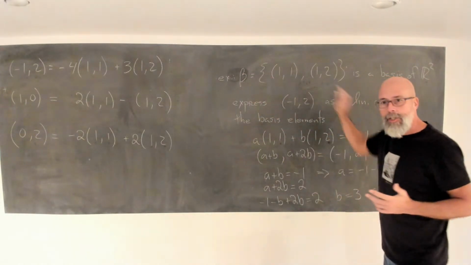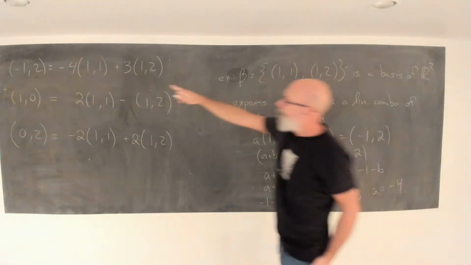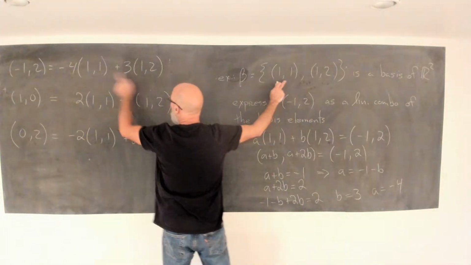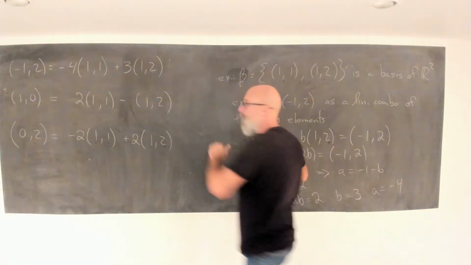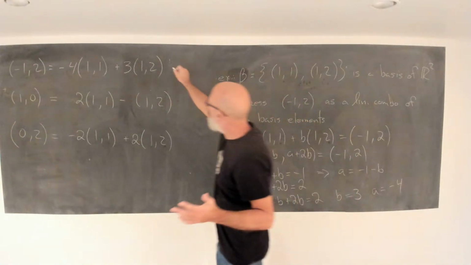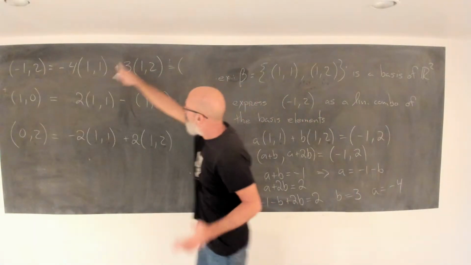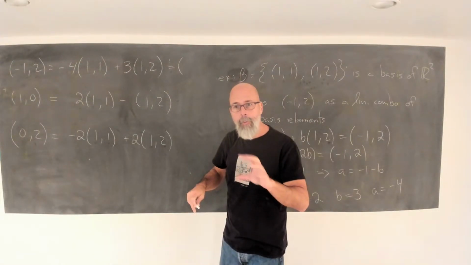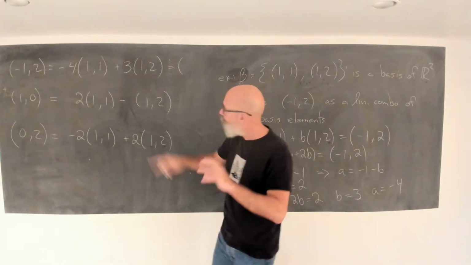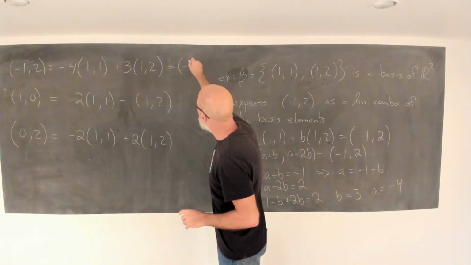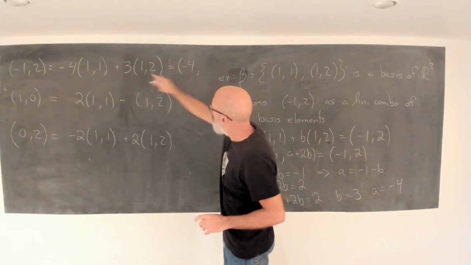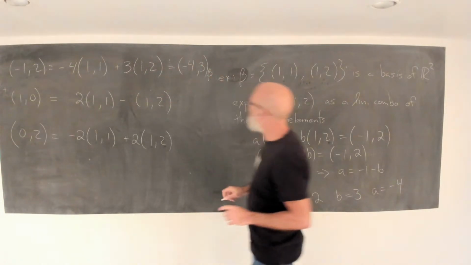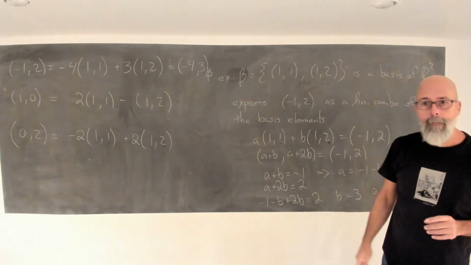Let's call this basis B. So -4 times the first basis element plus 3 times the second. Let me introduce notation. Again, because all that's important is the coefficient multiplying each of the vectors. -4 times the first plus 3 times the second in your basis B.